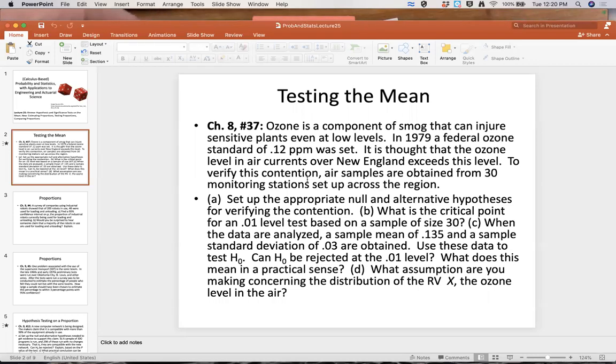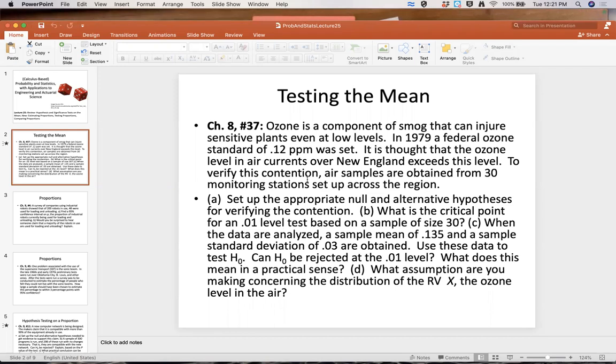Okay. So the background here is you've got this theory. You think in New England that ozone level is too high. You think that if you measured the ozone level at every location, say, the mean of that population of locations would be above 0.12 parts per million.